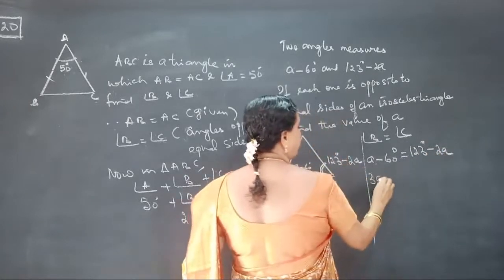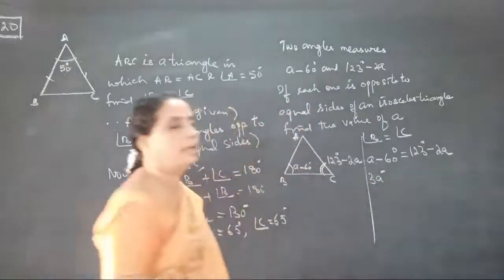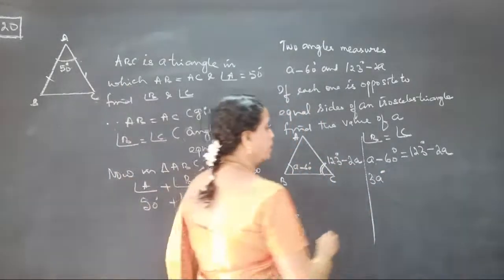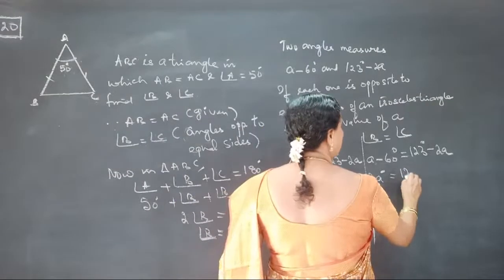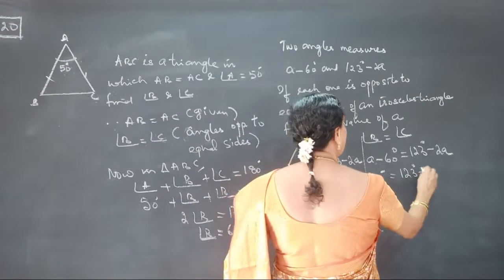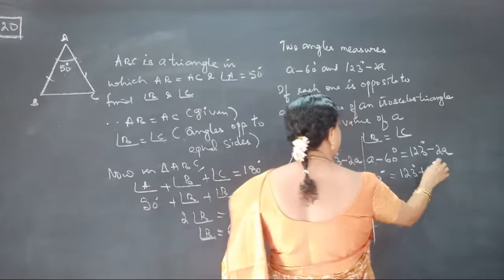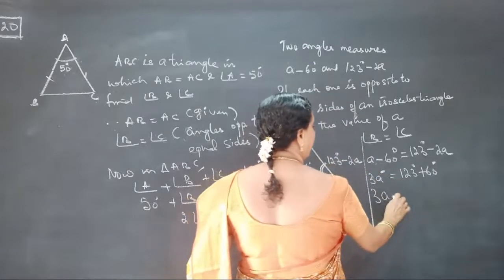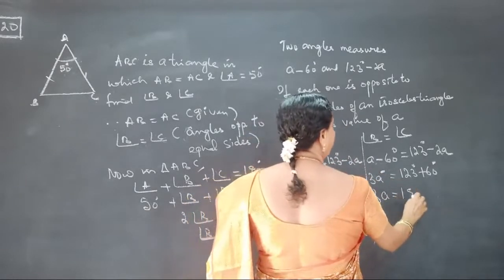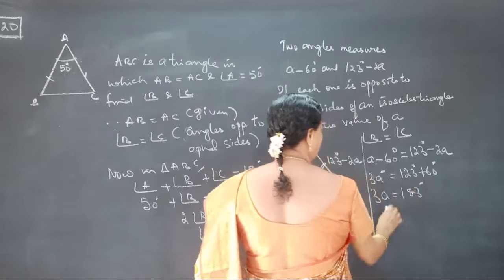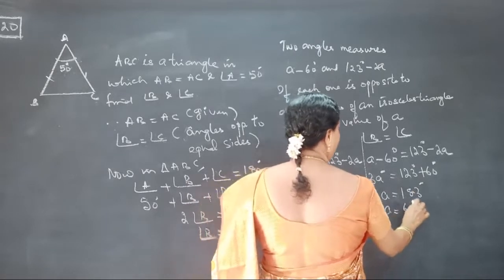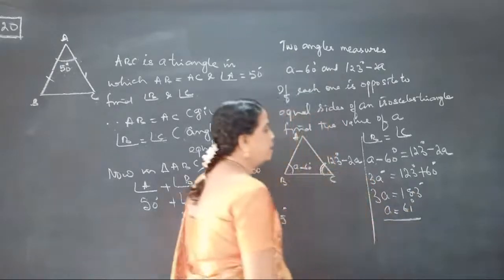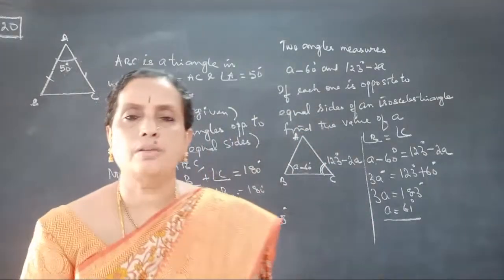When we transfer A to the LHS, you will get 3A equals 123 degrees plus 60 degrees, 3A equals 183 degrees. So the measure of angle A is 61 degrees.